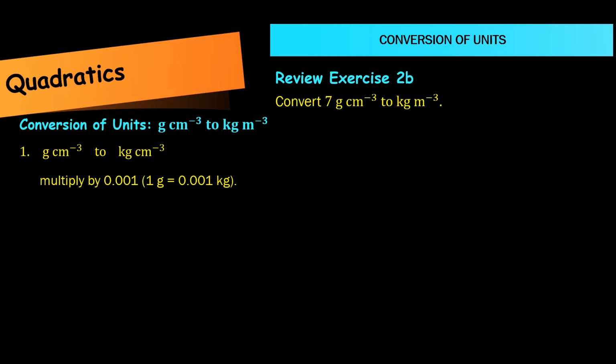Let's go from grams per centimeter cubed to kilograms per centimeter cubed. So we ignore the meters bit for the moment. And in order to go from grams to kilograms, we multiply by 0.001 because 1 gram equals 0.001 kilogram.